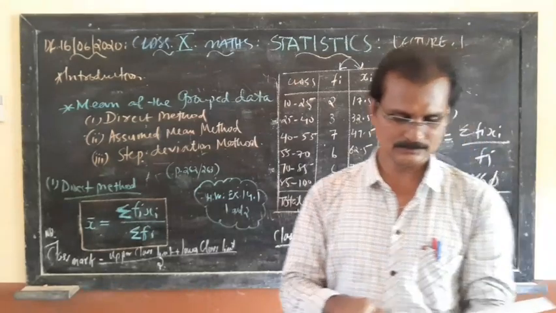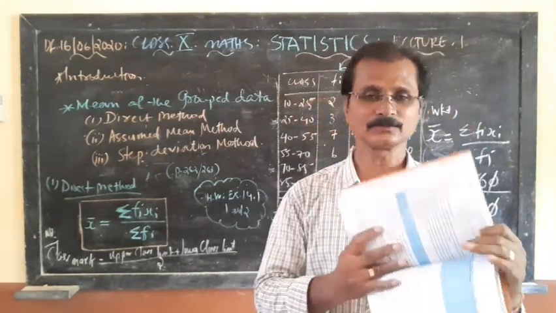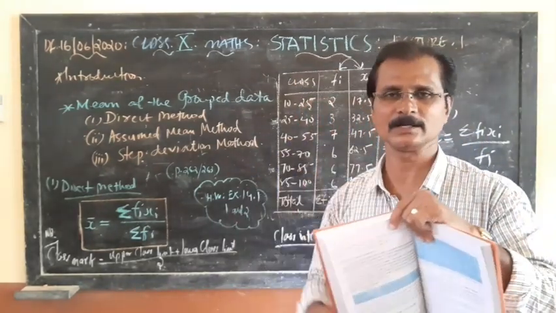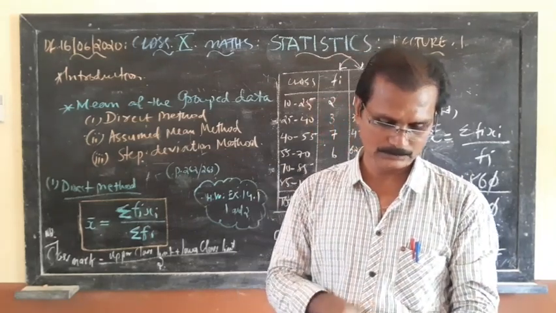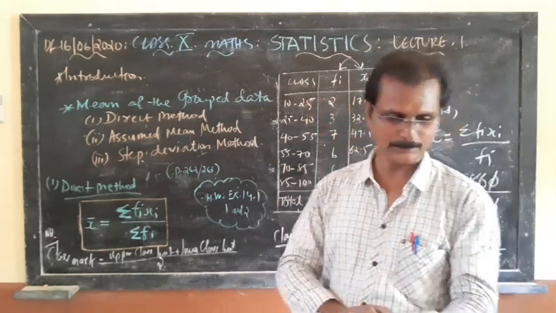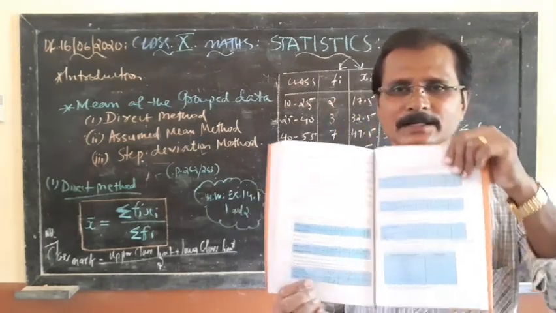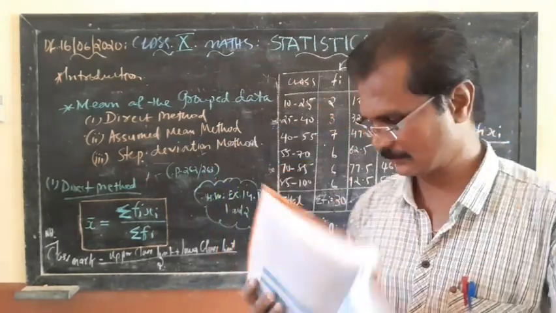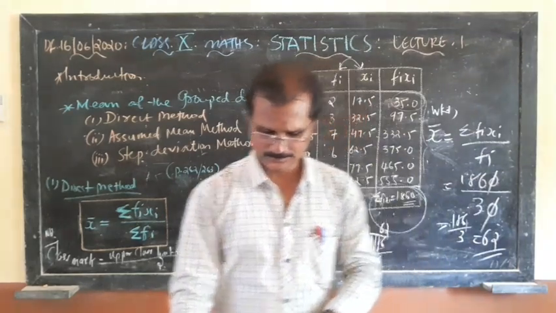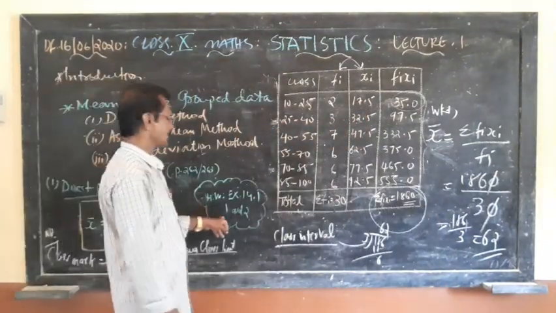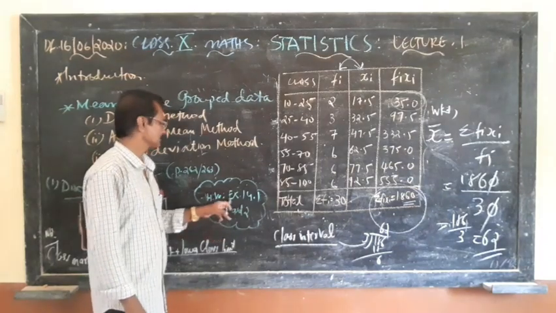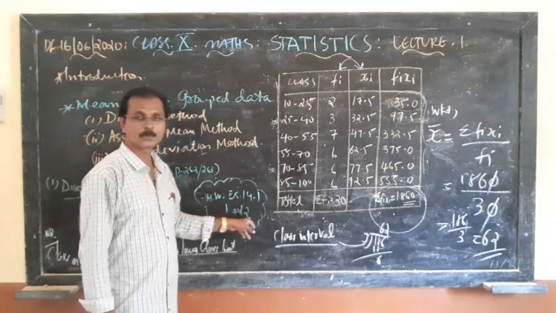And the second one is that this one, where the class is given, you have done on the board, and please complete this one also. And also homework: exercise 14.1, page number 270, exercise 14.1 question number 1 and 2.